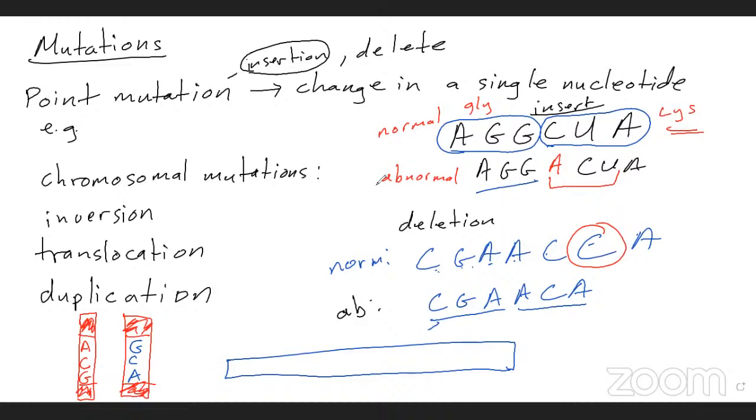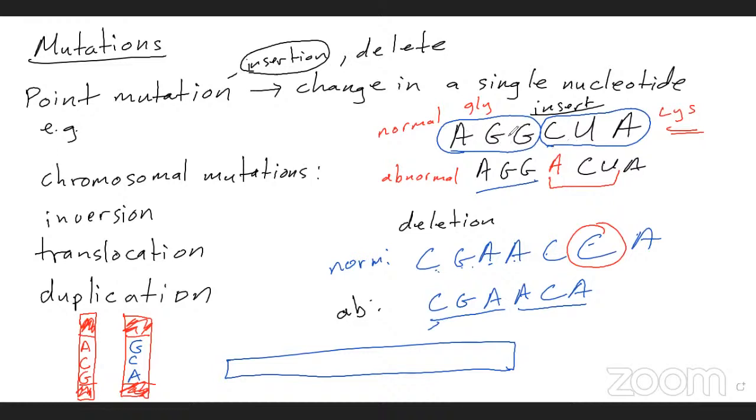Insertion? Yeah, the insertion. It just adds something to the normal sequence. So you have the normal one, right? For it to become abnormal, you need to do something to the normal one. So if you notice I add an A in red here, so it's no longer the normal one. That's the mutation. Once you do something to the DNA, it's a mutation.